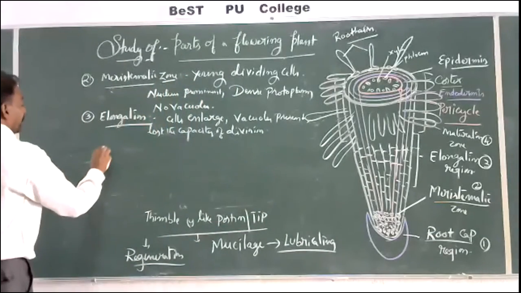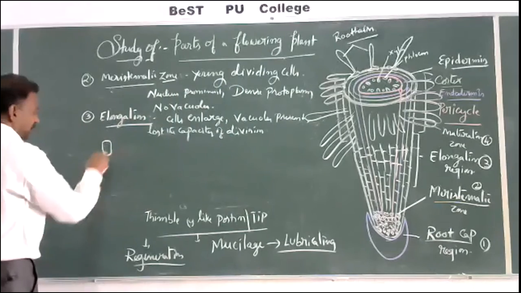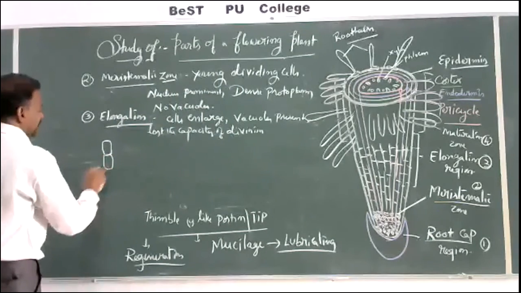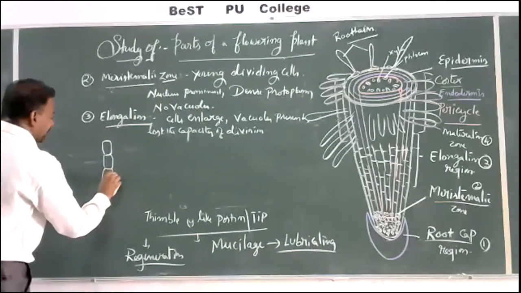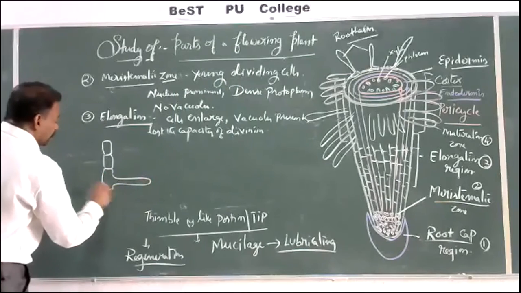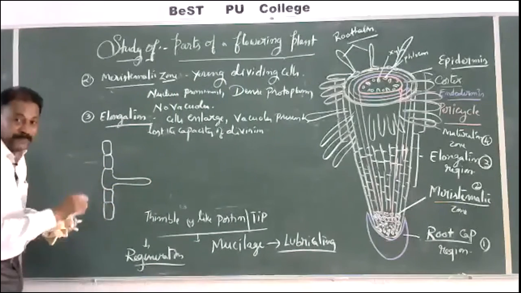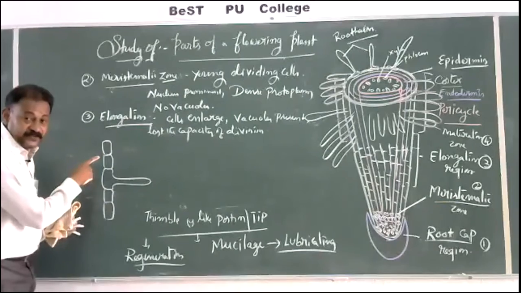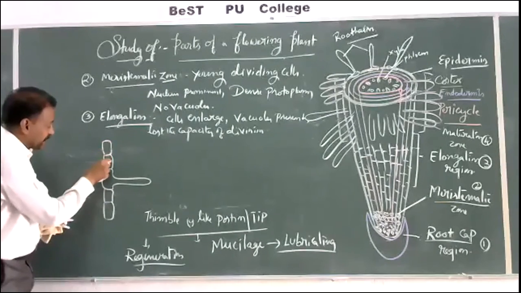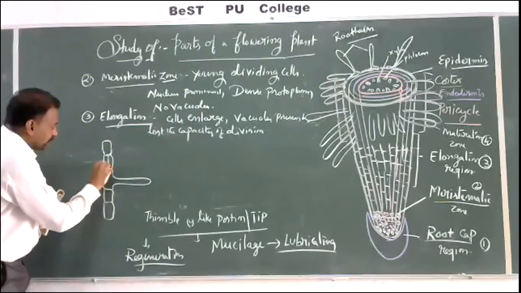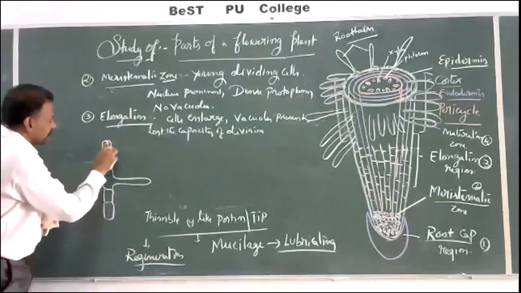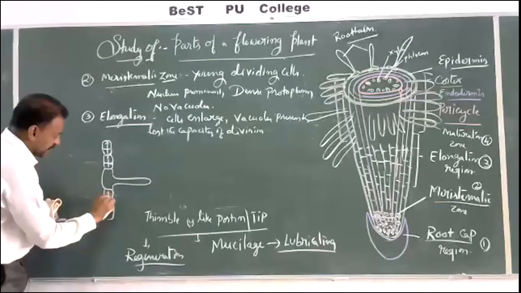Why, sir? Because this is a cell present in the epidermis, a cell in the epidermis, but it forms a root hair. So when we compare the size and surface, watch here my dear students, only this much area.